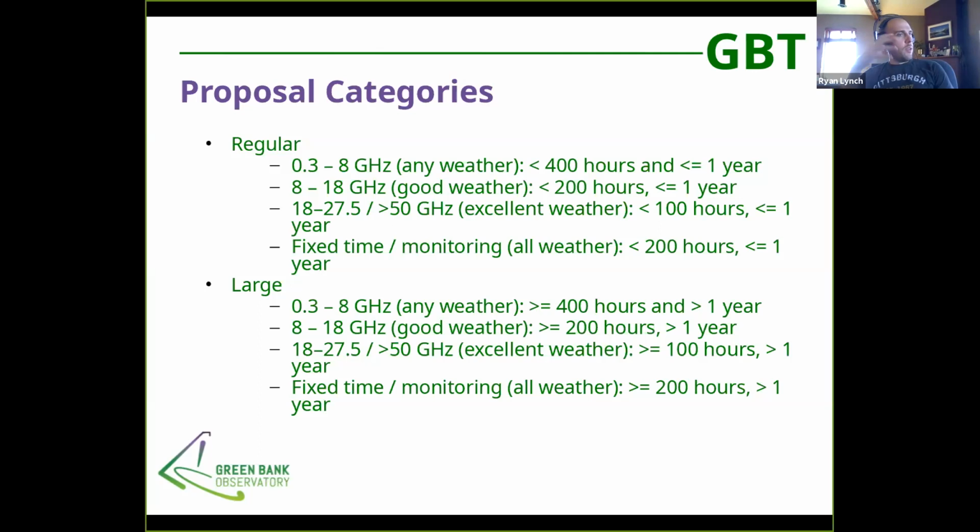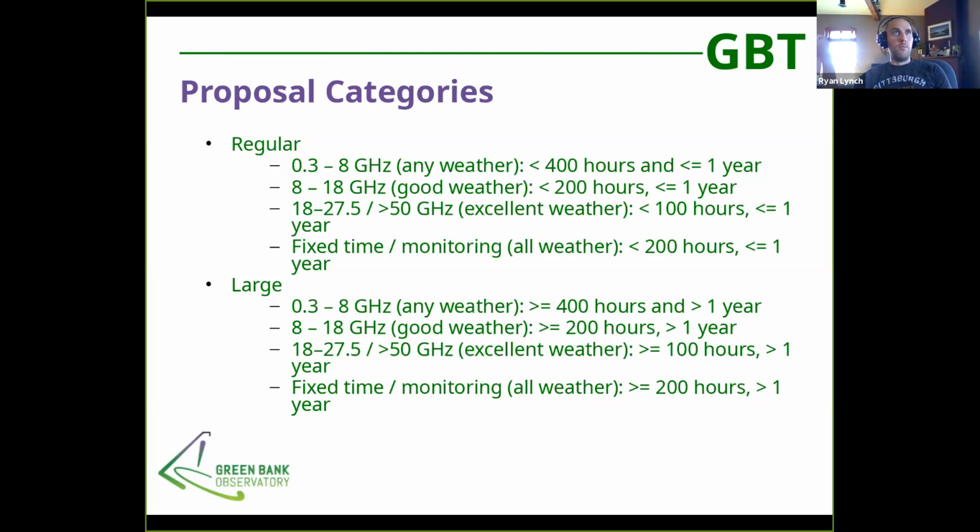A large project, I'm not going to go through all the numbers again, but they're basically greater than the numbers I put up above. The difference here between large and regular is not just the number of hours, it's also the type of proposal that you put in. So for a large project, the page threshold for the proposal is higher. It's 10 pages, 4 pages for a regular proposal, but there's also extra information that's required. You need to have a data management plan included.